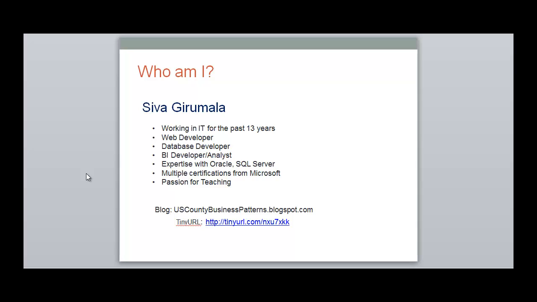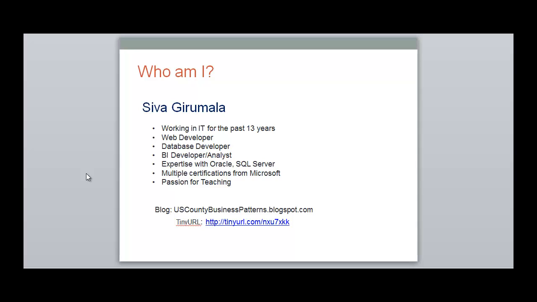Prior to this SQL Server BI training series, the one we are talking about right now, I created a data warehouse project based on US County Business Patterns, where I collected that information from census.gov.